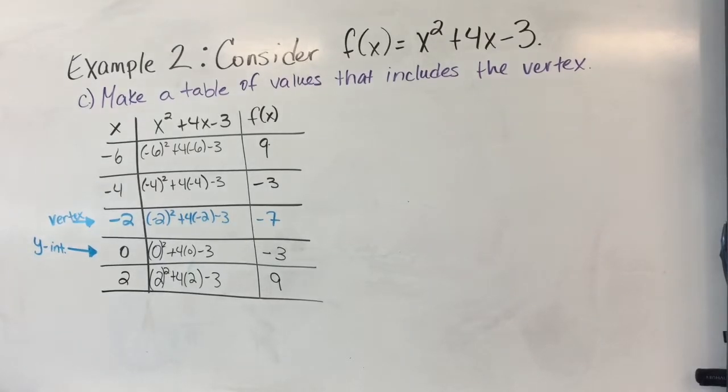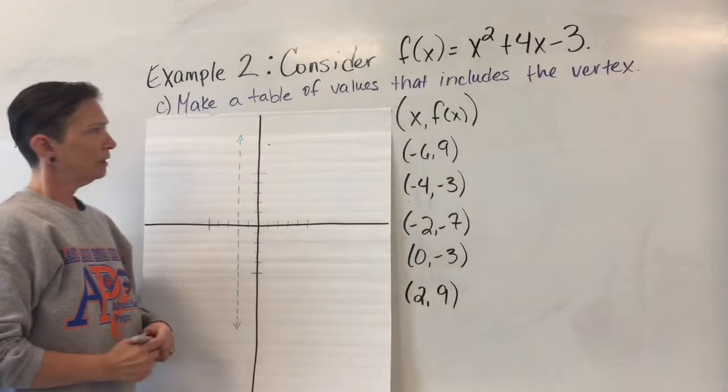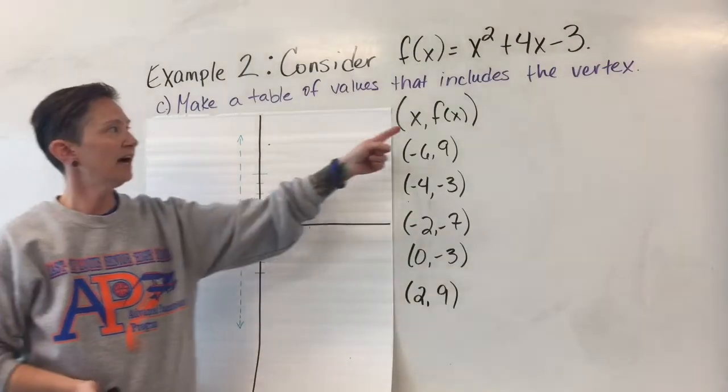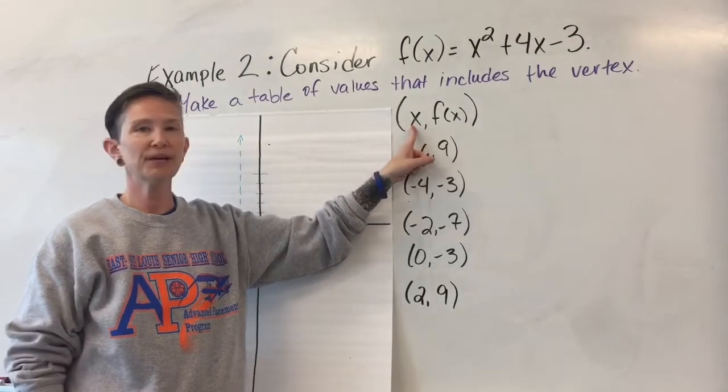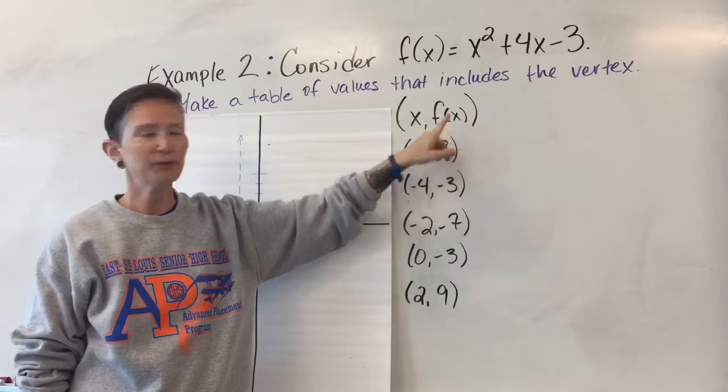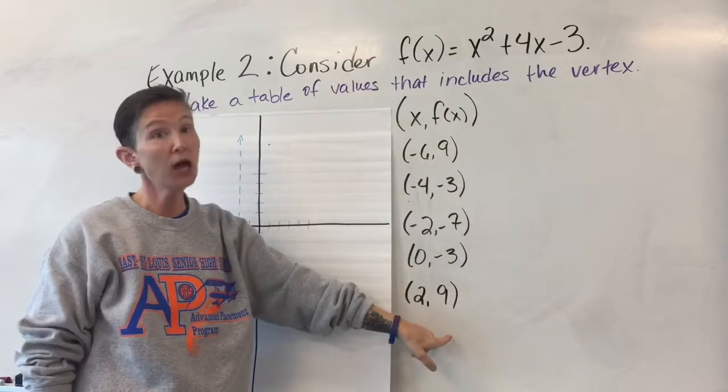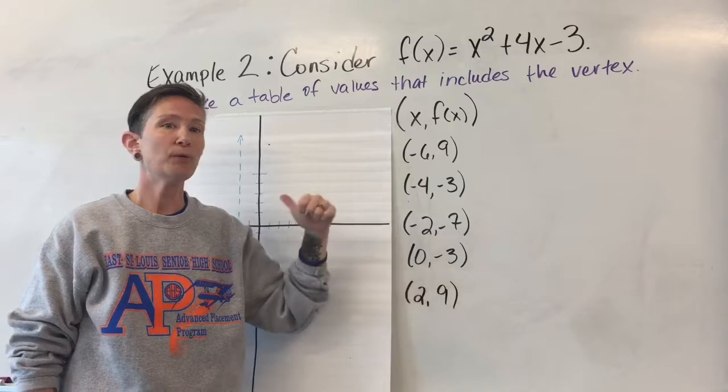So I substitute all those values into my function, which you see in the middle column, and then that gives me my f of x value, which is the column to the right. So what I have done is I have taken my x values from the table and my f of x values, because those are the coordinates that I'm going to plot in order to graph my quadratic function.